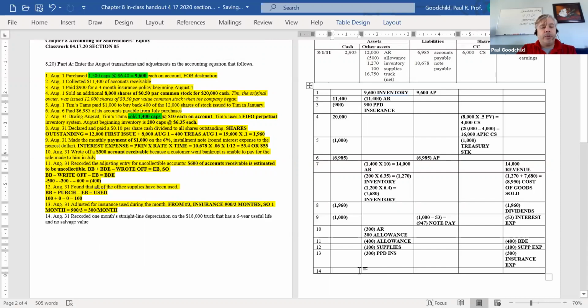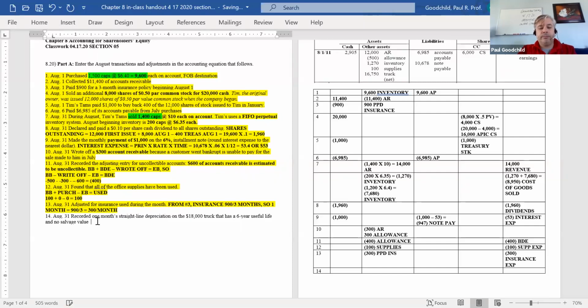And then for 14, it says recorded 1 month straight line depreciation on the truck that has a 6-year useful life and no salvage value. So remember, straight line depreciation is equal to historical cost minus salvage value, divided by the useful life.